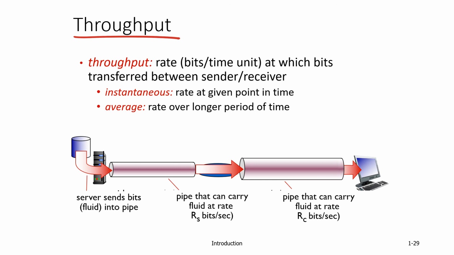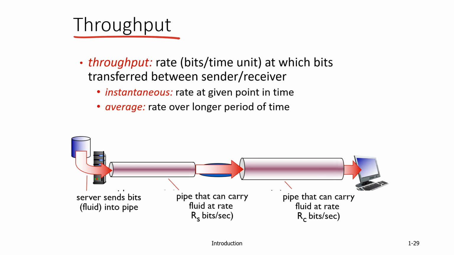Let's suppose that RS is less than RC. What is going to happen then? What is the overall throughput of this system? Or how quickly can we transmit the data? The answer is that the effective throughput is going to be RS. If RC is less than RS, then the amount of data that we can send from the server to this client computer is limited by RC.